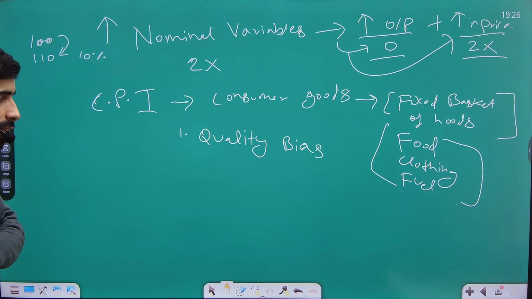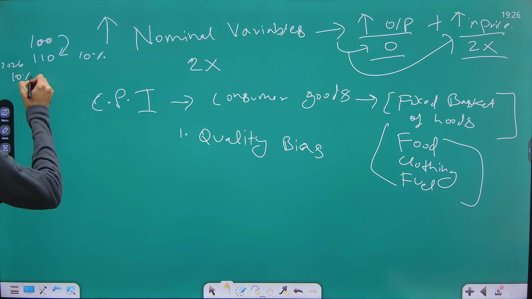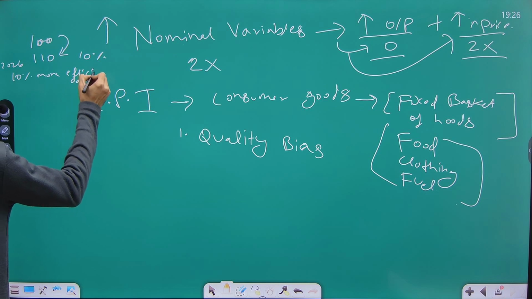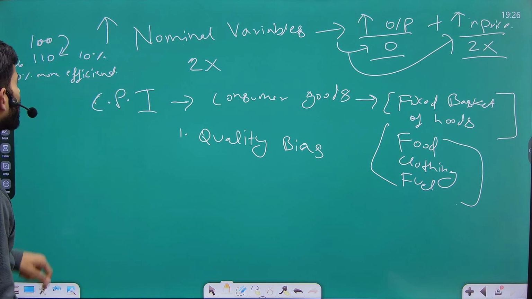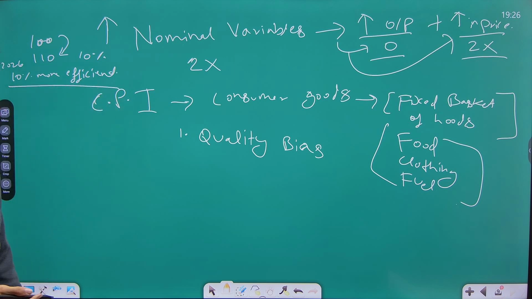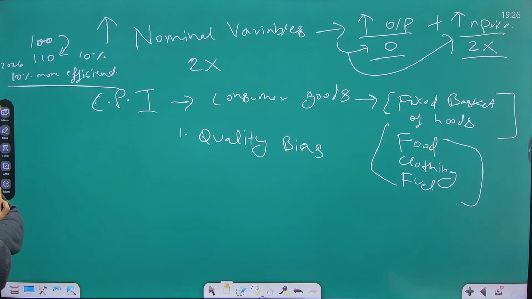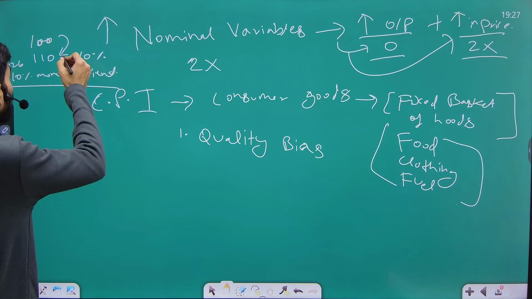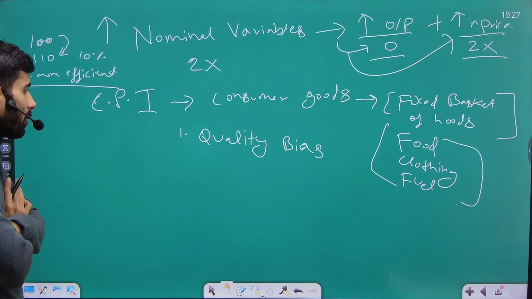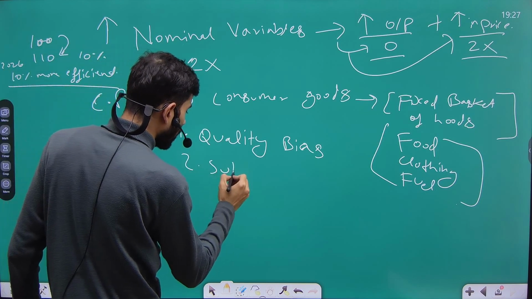For example, if a new AC is launched in year 2026 which is 10% more efficient, then this 10% increase in price level reflects the rise in efficiency of that good. So in terms of CPI, whatever amount we show, that the particular good rises by 10%, is very dubious.